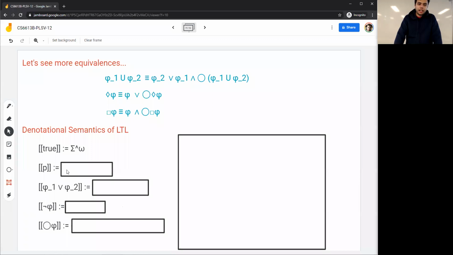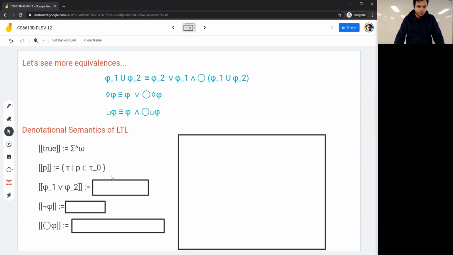Well, we define this as the set of all traces such that P is included in the first letter of the trace, right? And we can write it exactly like that. It's the set of all tau, and tau is a member of sigma omega. So the set of all infinite words such that P appears in the first letter of this infinite word. Okay.